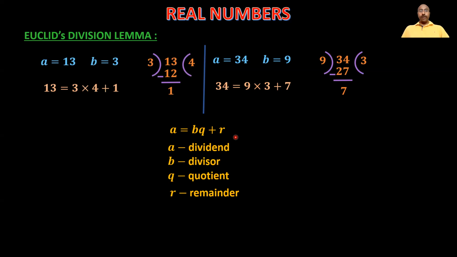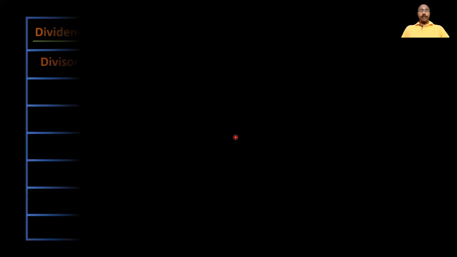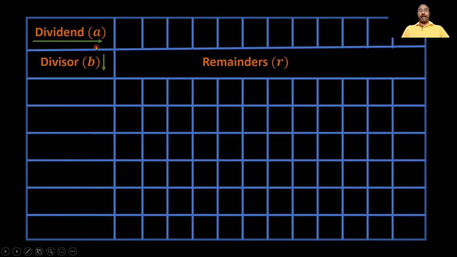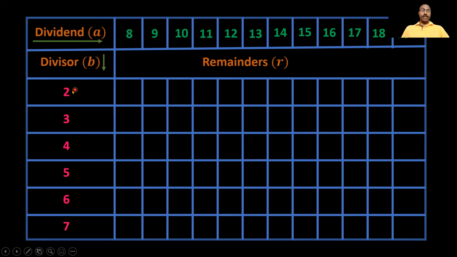We will learn Euclid's division lemma after one example. Take some dividends and divisors. I am denoting dividend by A and divisor by B. The dividends I have taken are 8, 9, 10, and up to 19. The divisors I have taken are 2, 3, 4, 5, and up to 7.